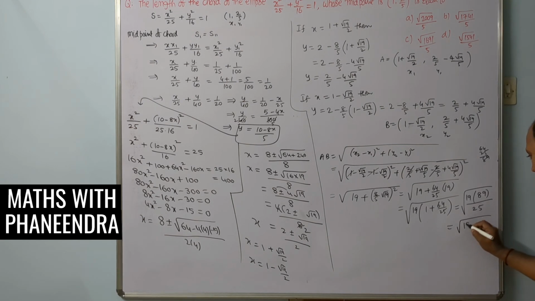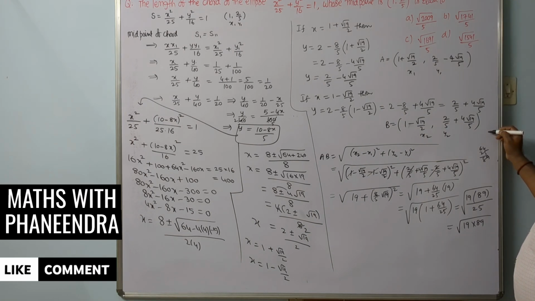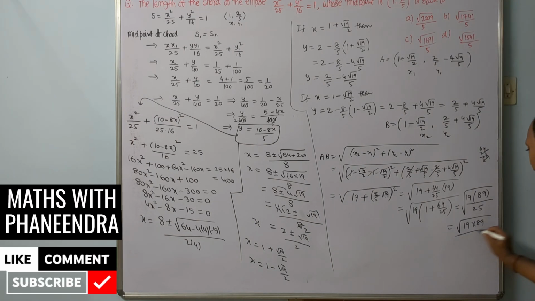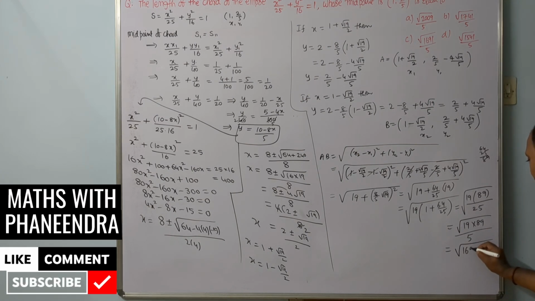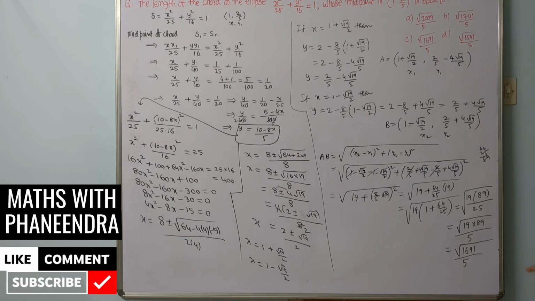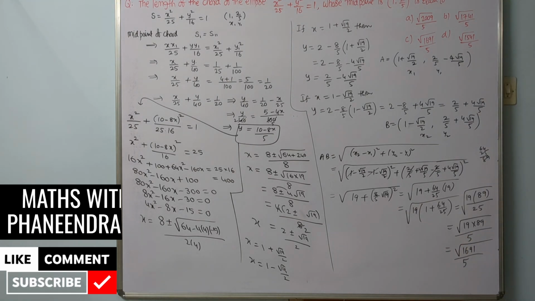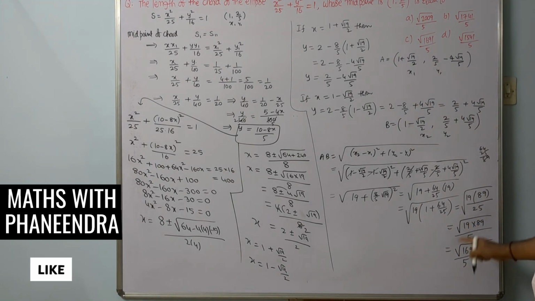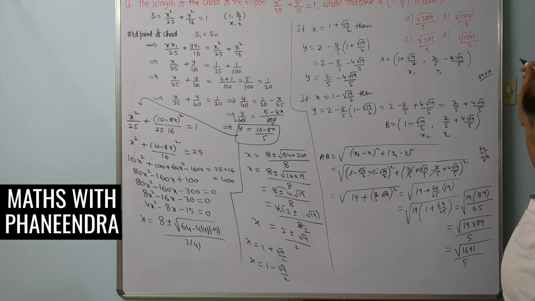So root of 19 into 89, divided by root 25 which is 5. Root over 1691 will come, that is equal to root 1691 by 5. This is the required answer, dear students. C is the required answer. Once check, dear students: 89 into 19.